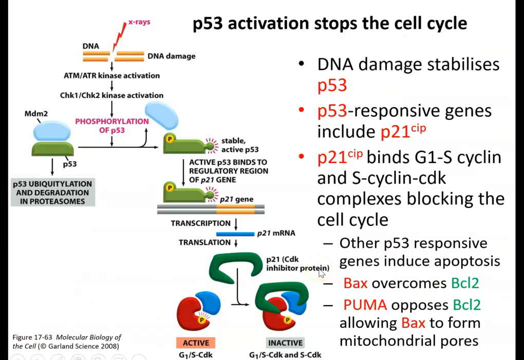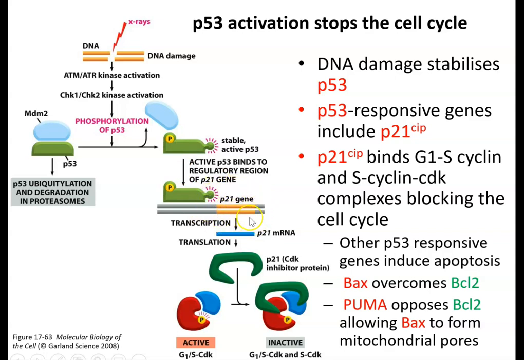We can also get gene mutations in genes that affect the cell cycle related to the p53 pathway. If we look at this pathway, radiation or anything else that causes DNA damage will activate this series of kinases, which will phosphorylate p53, and p53 acts as a transcription factor, switching on the p21 gene.